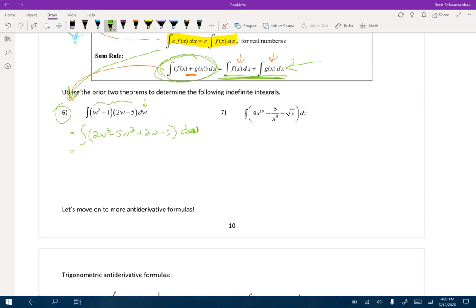I'm going to skip a step here. Remember, the 2 can come out: 2 integral w cubed dw. Then bring down the minus. The 5 comes out: 5 integral w squared dw. Plus 2 comes out: 2 integral w dw. Minus 5 comes out, and then just dw. Nothing else is in there.